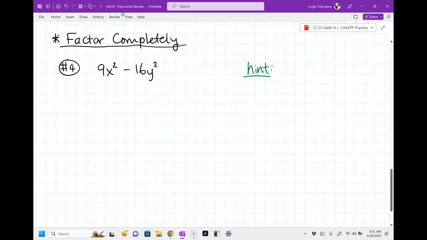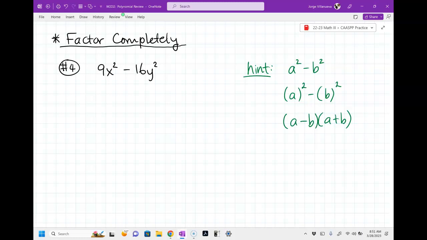So a squared minus b squared, you're going to want to write it like this, and then eventually it becomes a minus b, a plus b. Normally they don't have it in parentheses. You have to rewrite it in parentheses and then you factor it. It's just a little pattern. A minus b, a plus b.